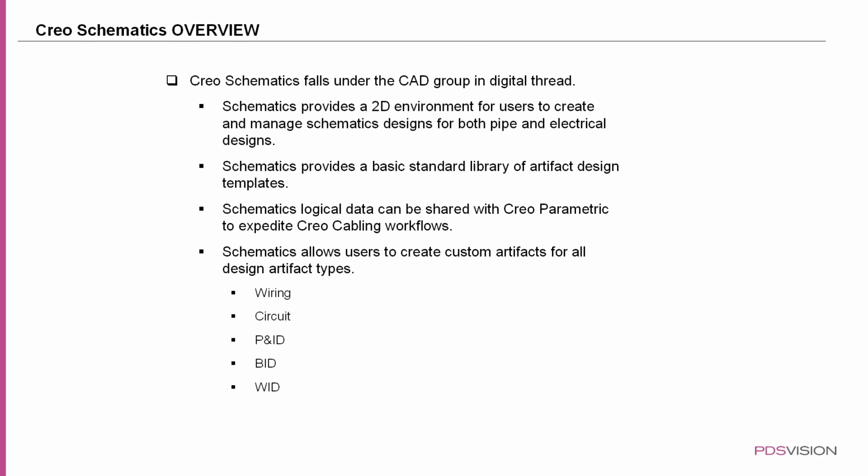Schematics allows users to create custom artifacts for all artifact design types. And that speaks not only to the listing of what I'm showing here on the slide, the different types of artifacts we can do, but it speaks back to the basic library, with the understanding that these things are advancing daily, and this is part of what companies are doing, taking advantage of new electrical devices and technology that are being created at a very rapid rate in the day we live in now.